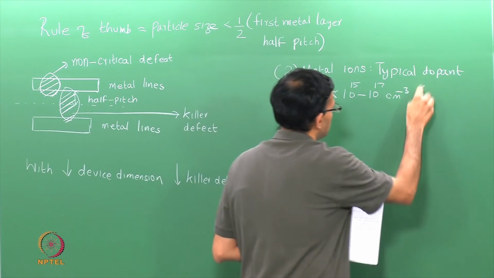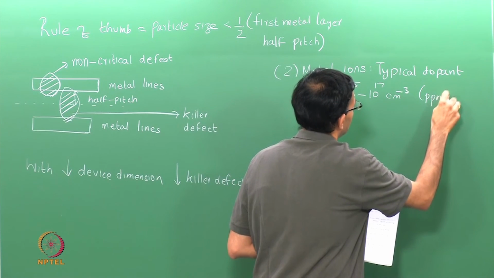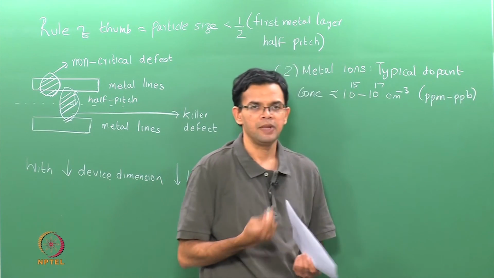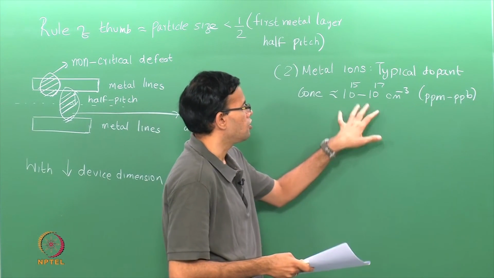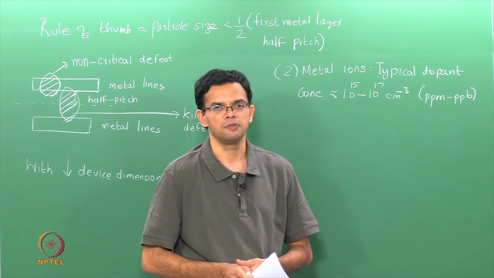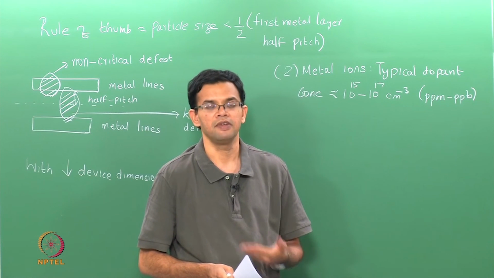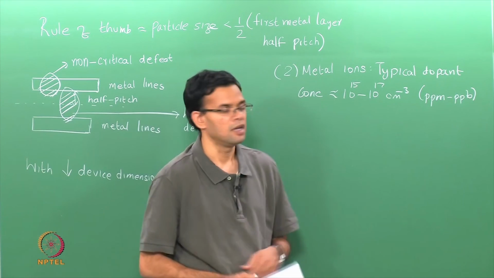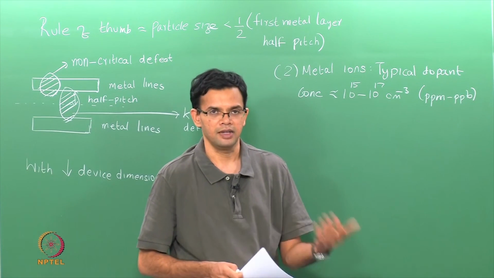This is in the parts per million or parts per billion range. So, any metallic defects with a concentration in the order of parts per million or billion or even higher can affect the electrical properties of the device and once again destroy our entire die.